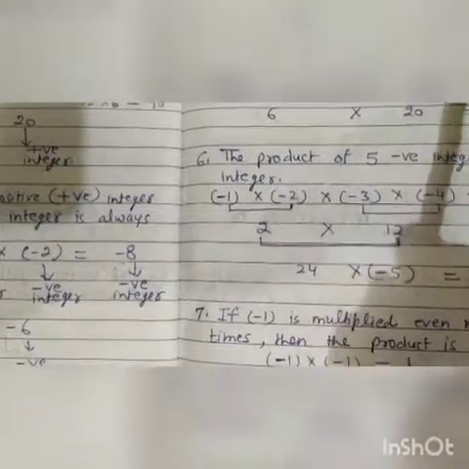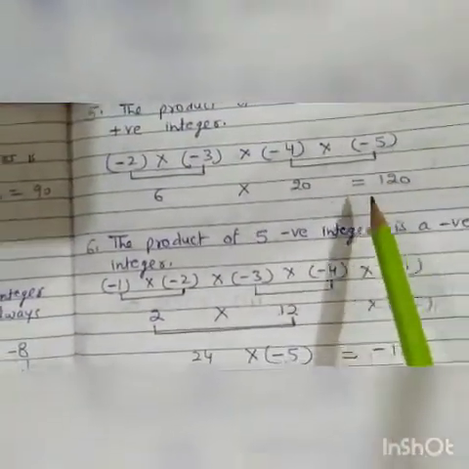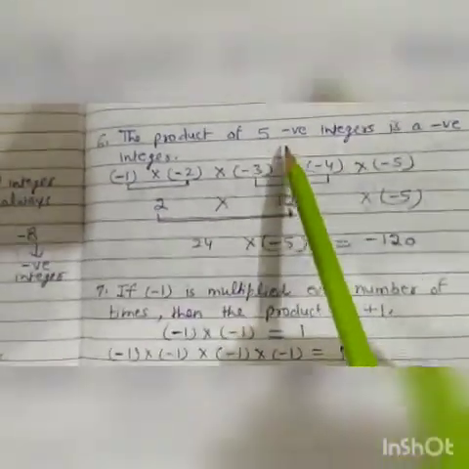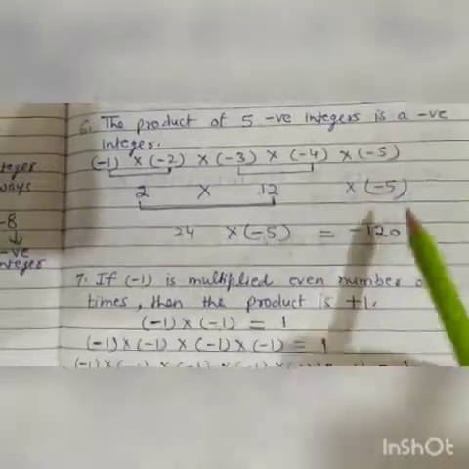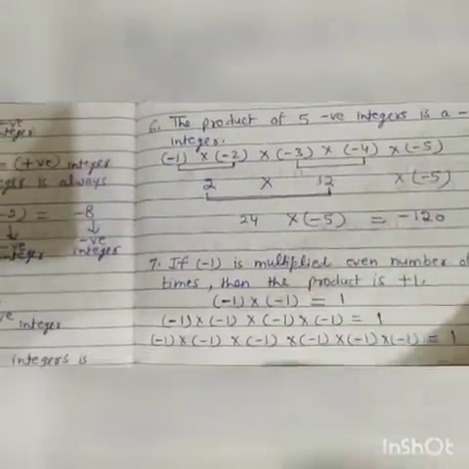If we multiply four negative integers, then the product will be positive. If we multiply 5 negative integers, their product will be negative, and some more properties.